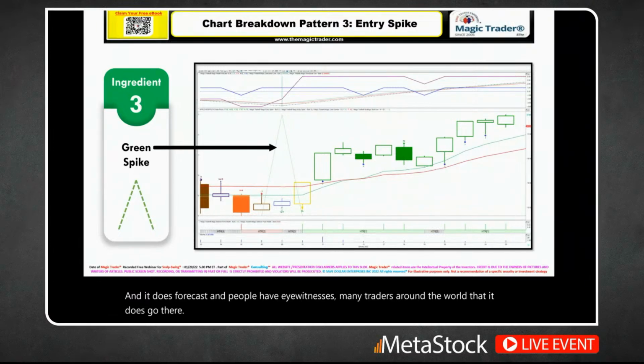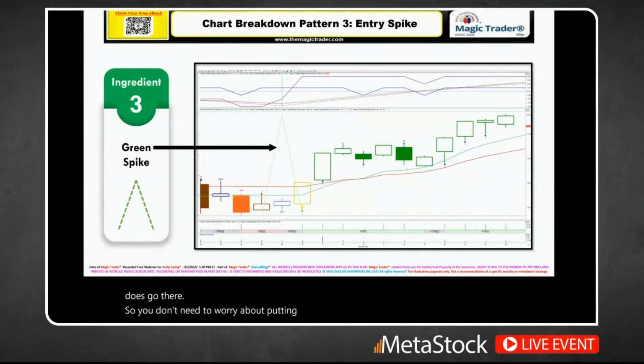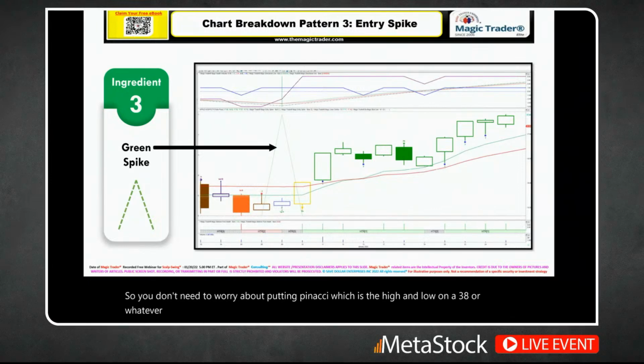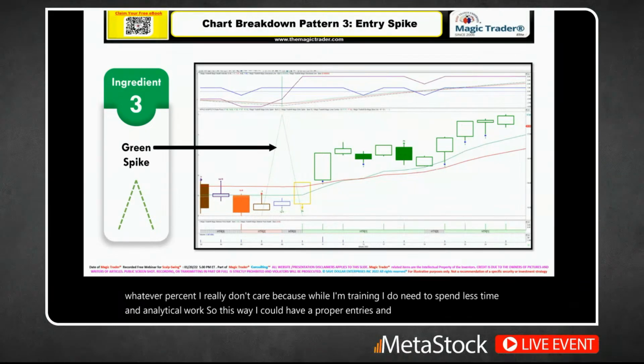So you don't need to worry about putting Fibonacci, which is the high and low, on a 38% or whatever percentage. I really don't care. Because while I'm trading, I need to spend less time on analytical work. This way I can have proper entries and I don't miss my profits. So that's the idea.